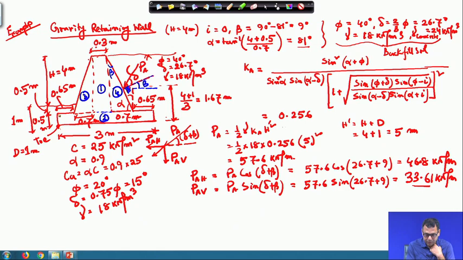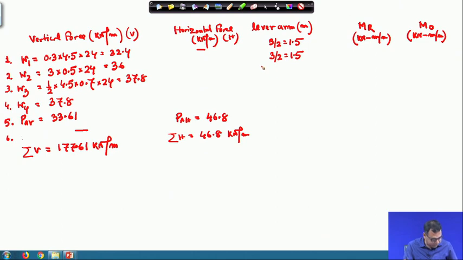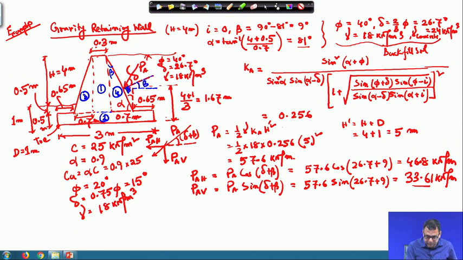So, 0.65 plus 2/3 of 0.7 is equal to 1.12 meter.